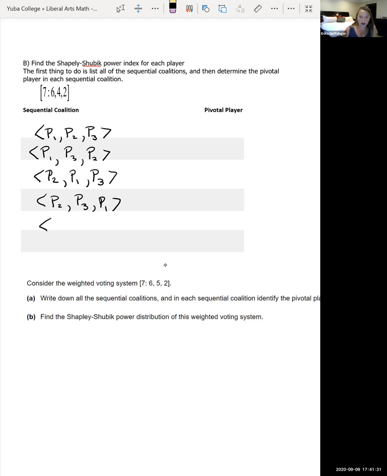Those are all the combinations of player 2 being the first person coming into that sequential coalition. Now go to the next player, which is player 3. So player 3 could be first, then player 1, and then player 2. Or it could be player 3 first, let's swap the other 2, then player 2, and then player 1.